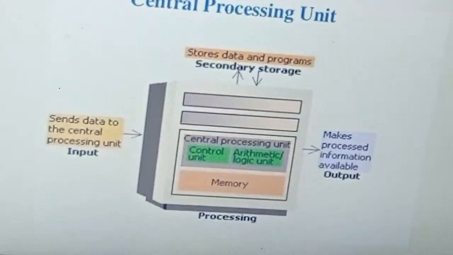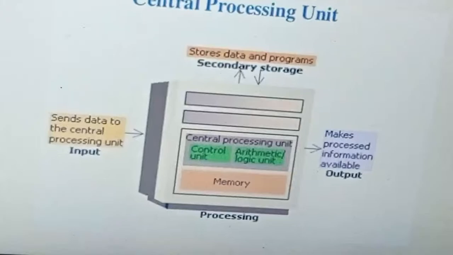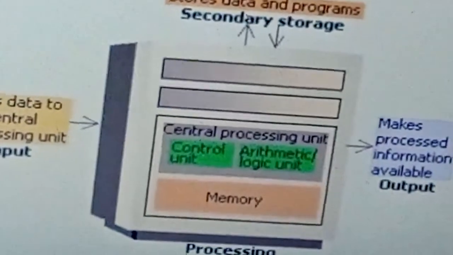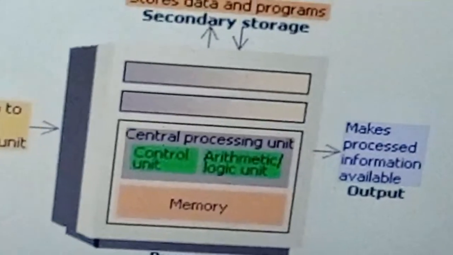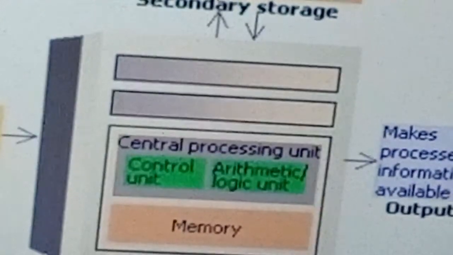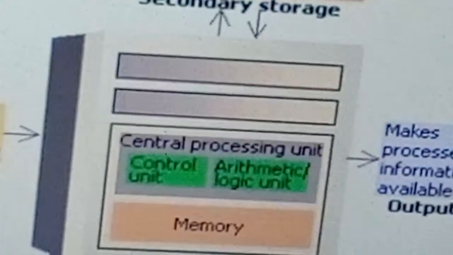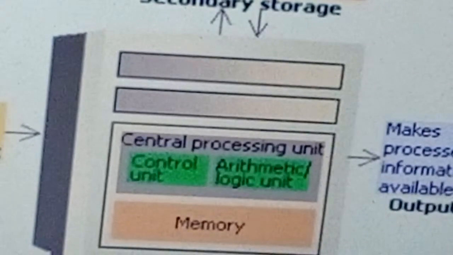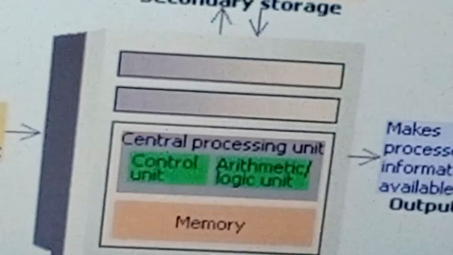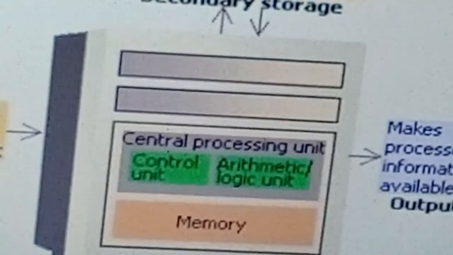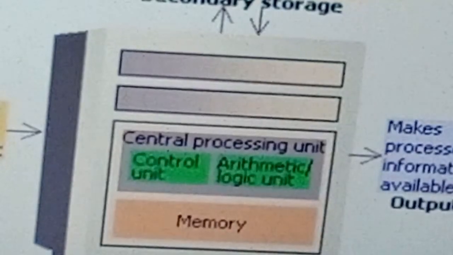Now into the memory. In this memory, we have two types: primary memory and secondary memory. Memory is the brain of a computer for storing and retrieving data, just like our human brain.